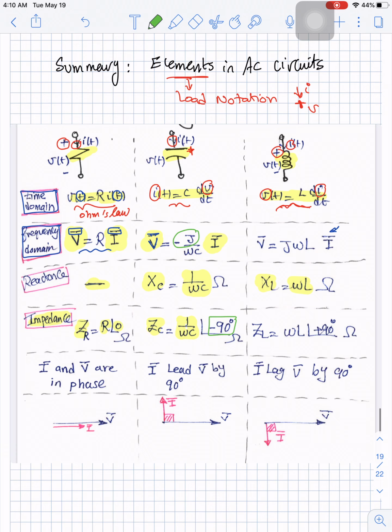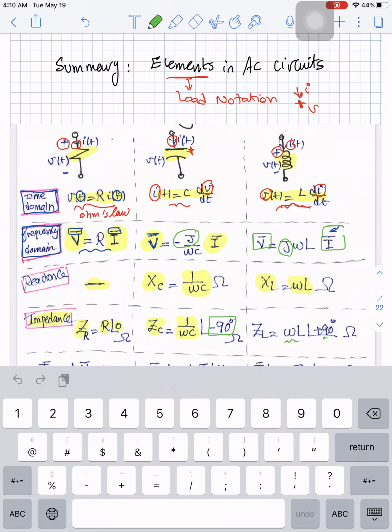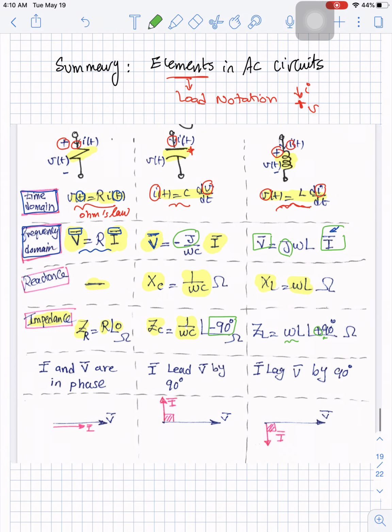For the inductor, the magnitude is omega L, and the relation between V and I is j omega L, so here we have positive 90 because we have positive j. Here we have negative 90 because we have negative j. For a resistor, I and V are in phase. For a capacitor, I leads V by 90. For an inductor, I lags V by 90.